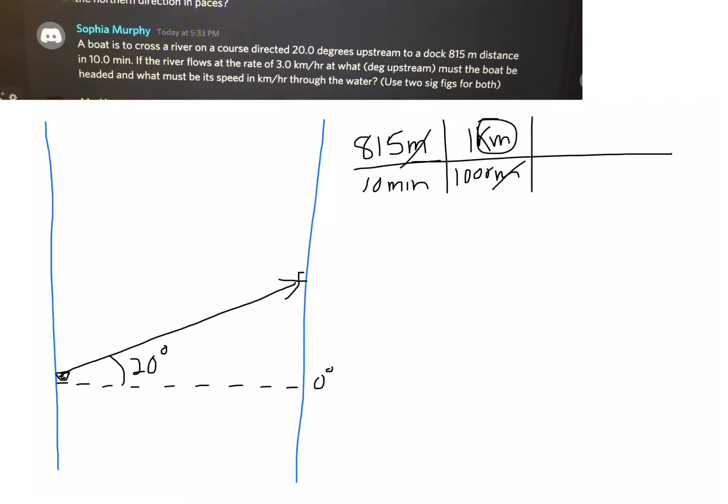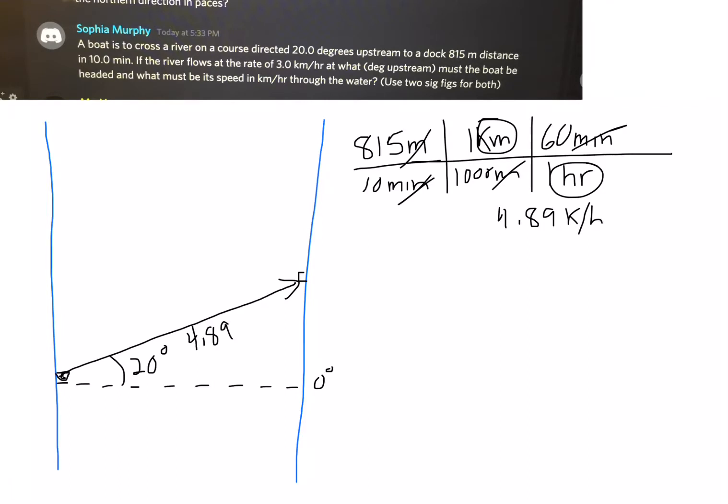Then 60 minutes in 1 hour, cross off the minutes. We'll take 815 times 60, divide by 10, divide by 1,000, and we get 4.89, I believe, kilometers per hour. So that's going to be this vector right here, 4.89.